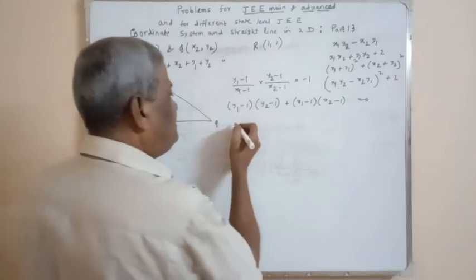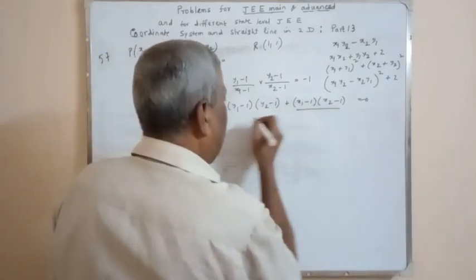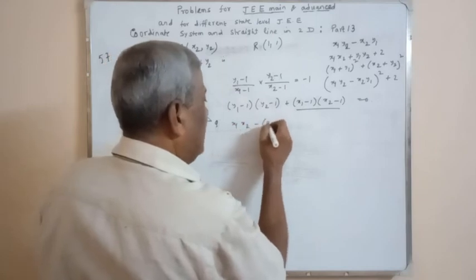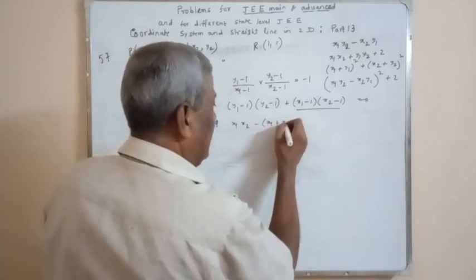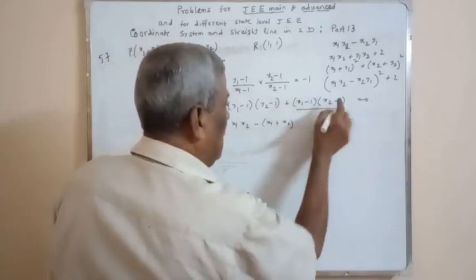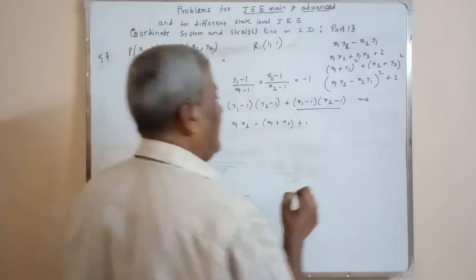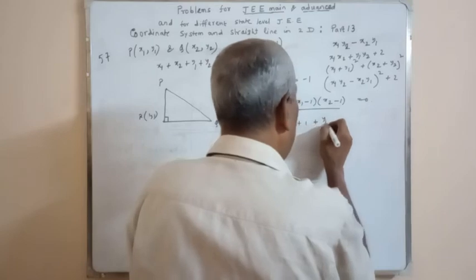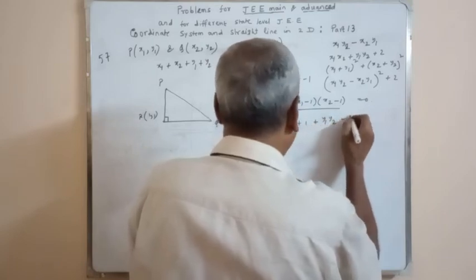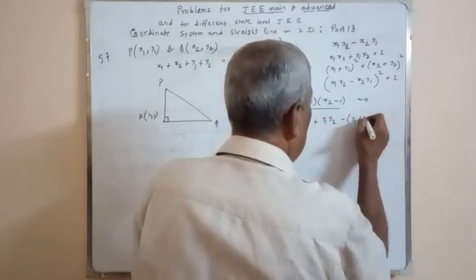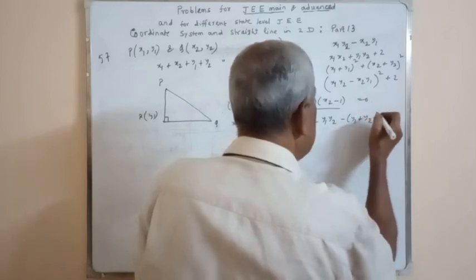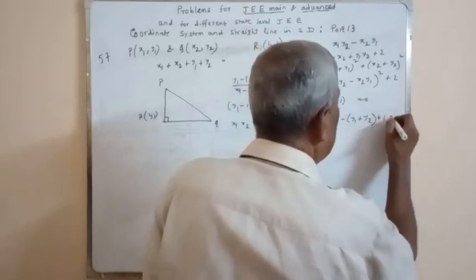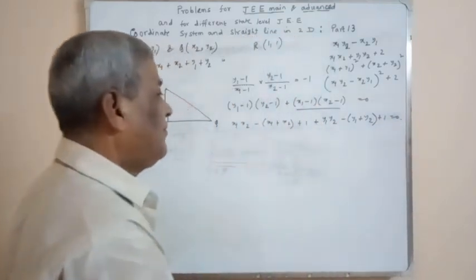That means x1 x2 minus x1 minus x2 plus 1, now this plus y1 y2 minus y1 minus y2 plus 1 is equal to 0.